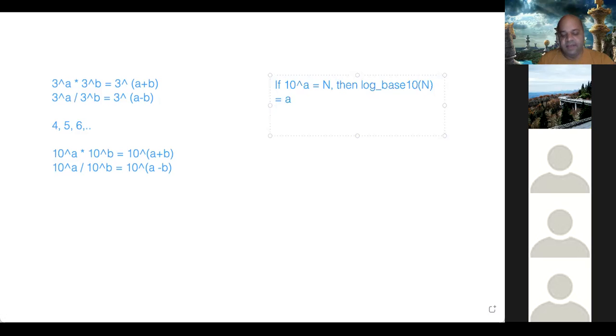Similarly, let some number m be equal to 2 raised to x, the xth power of 2. Then what it means is log to the base 2 of m is nothing but x. This is what the logarithm is.